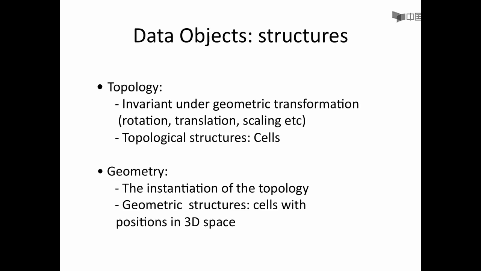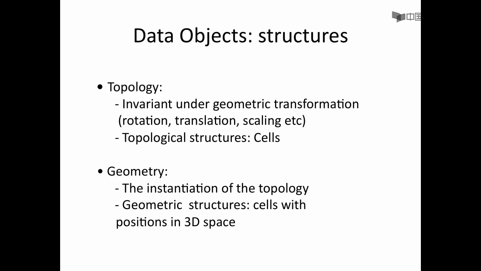About the structures of the object or dataset, we can divide the information into topology and geometry. Topology information is invariant under geometric transformation, for example, rotation, translation, and scaling. Remember, we talked about Vtk supporting different cell types: points, lines, triangles, tetrahedra.